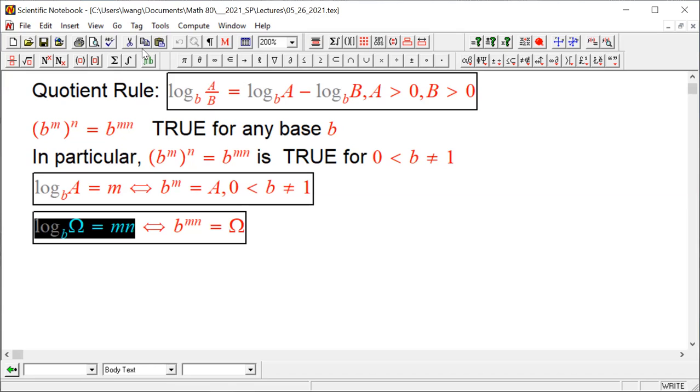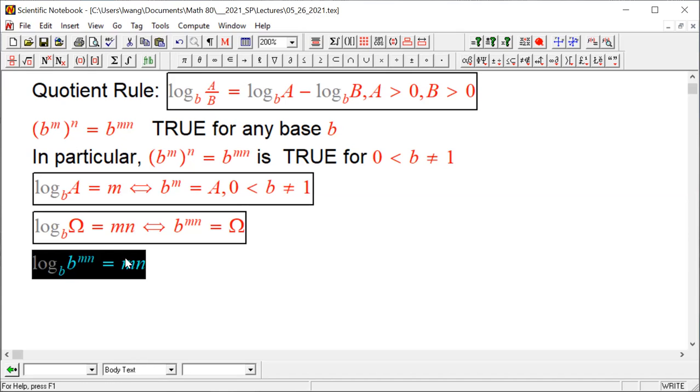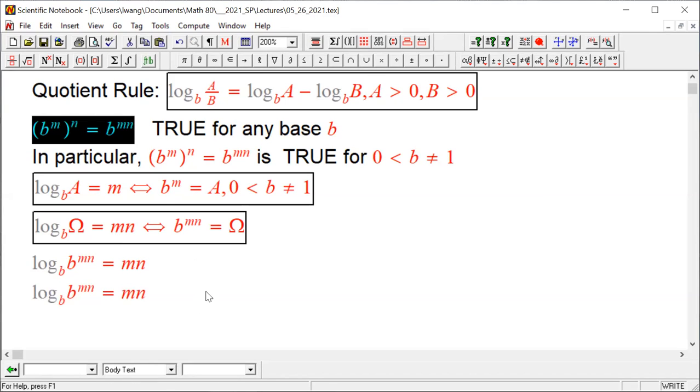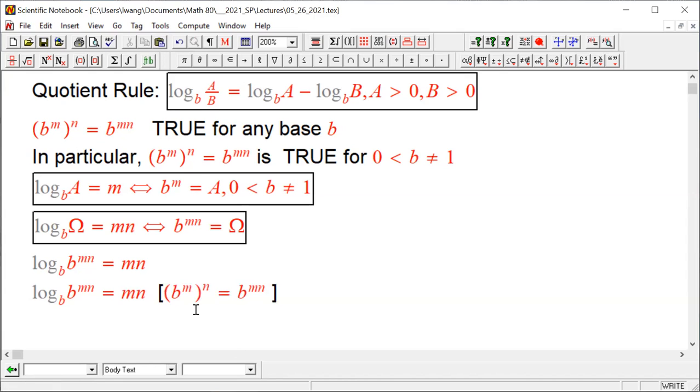Now, from here, I'm going to do a couple of things. Omega is equal to b to the power m times n. And b to the power m times n, we know it equals b to the power m and then to the power of n.